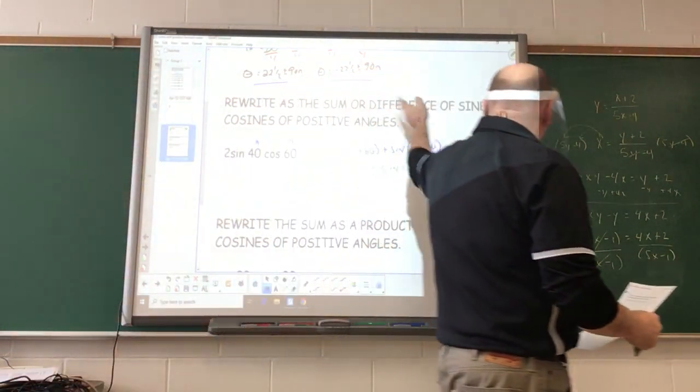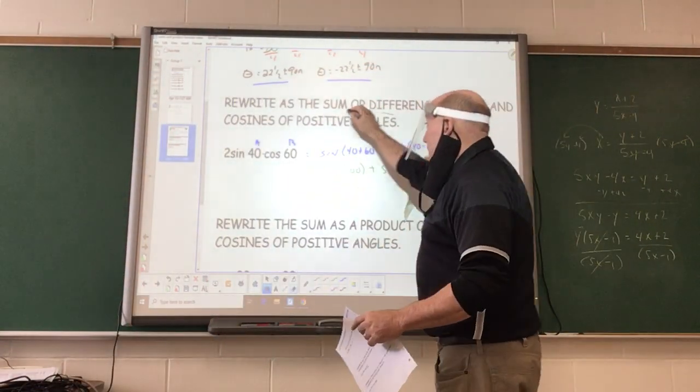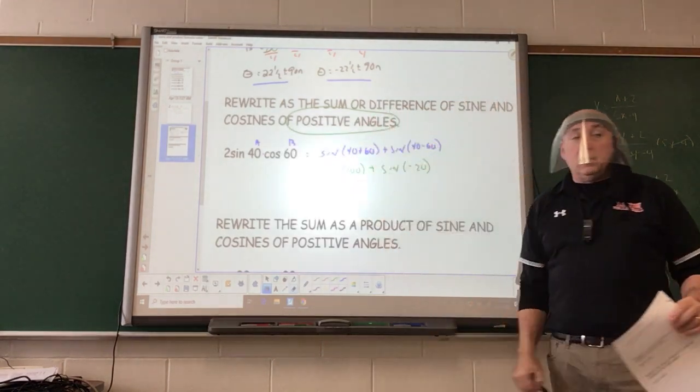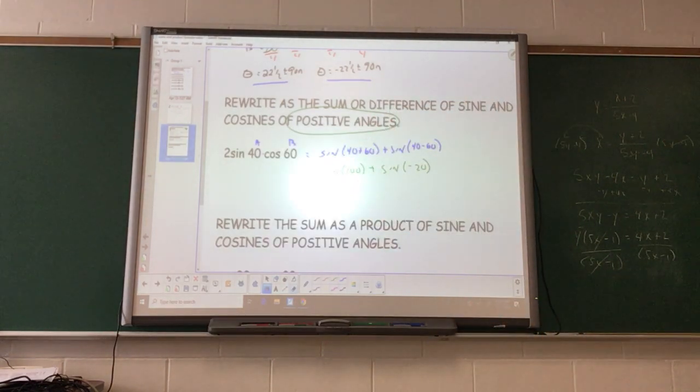Now, my instructions tell us to make these all positive angles. Well, how do I make this a positive angle? Because I have a negative 20.